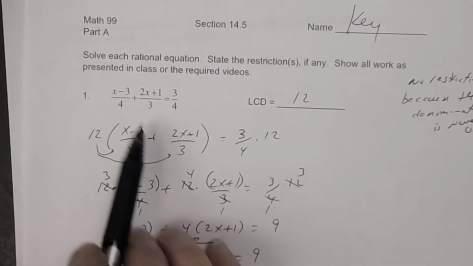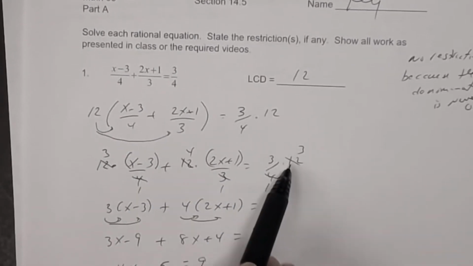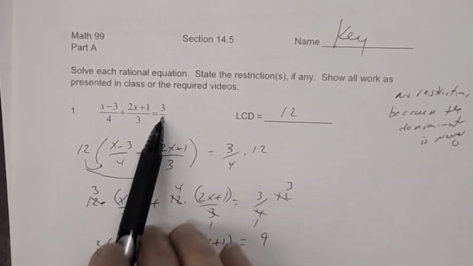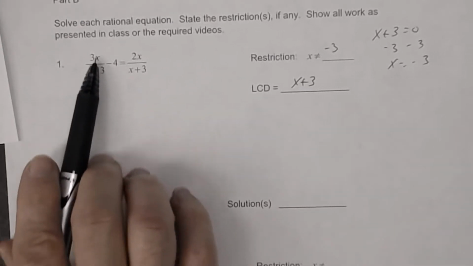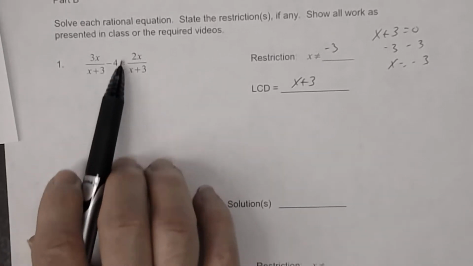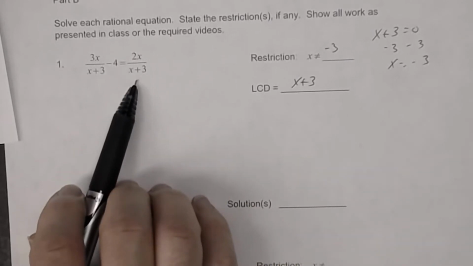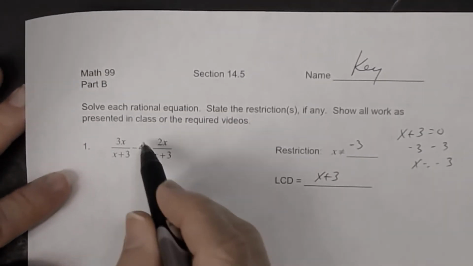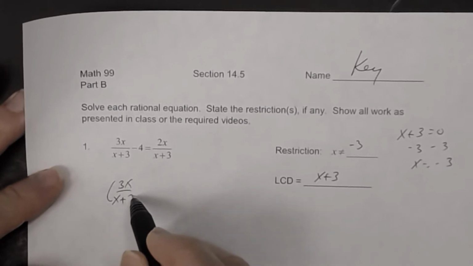In fact, just keep in mind, every rational expression in your equation is being multiplied by 12. So don't you think that this has to be multiplied by what? X plus 3. This has to be multiplied by what? X plus 3. And this has to be multiplied by what? X plus 3. Okay? All right, now what I would do is, just like with the previous one, put the left side in parentheses, just like this.